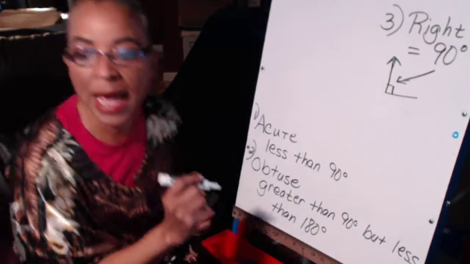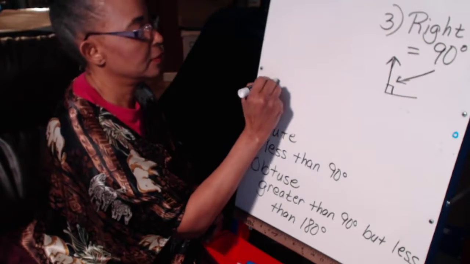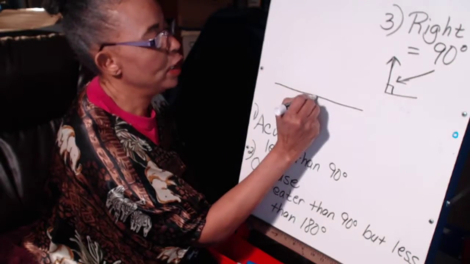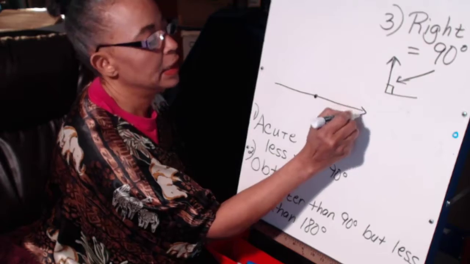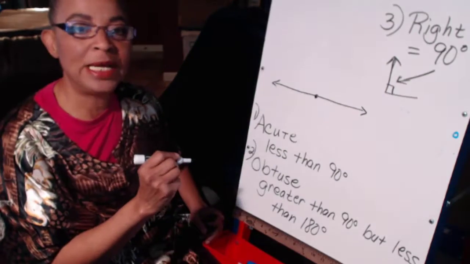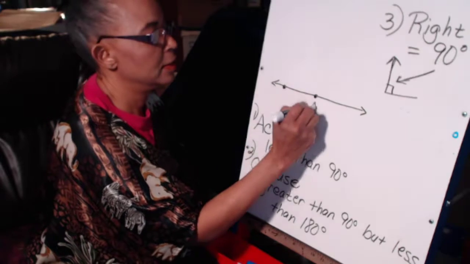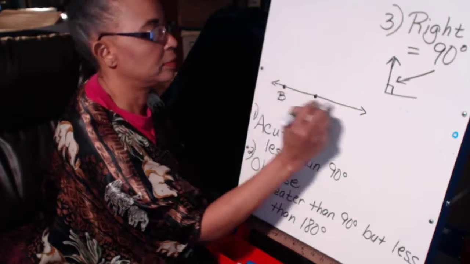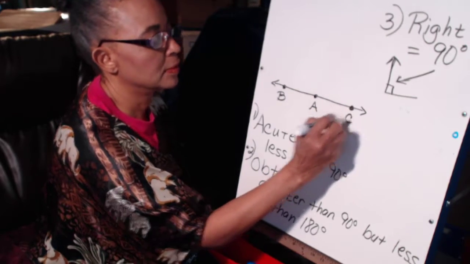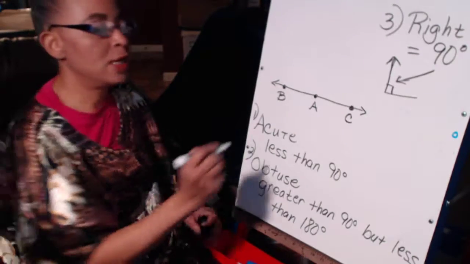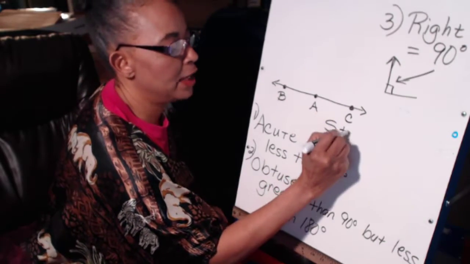We also have, if we put the two rays together in a perfectly straight line, then we have what they call a straight angle.